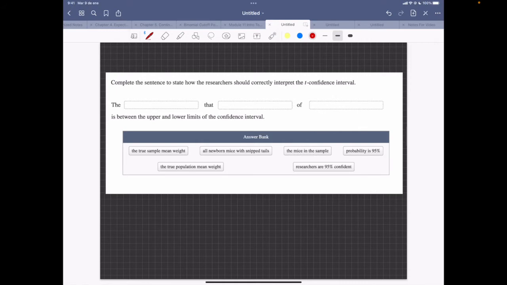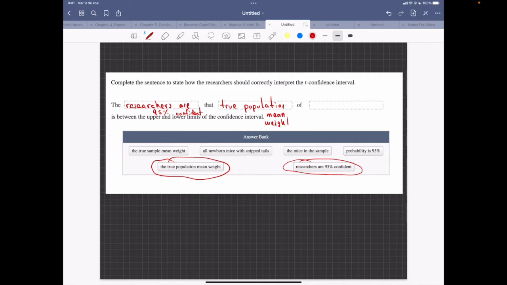First, the researchers are, first this one, 95% confident that the true population mean weight of all newborn mice with snipped tails.